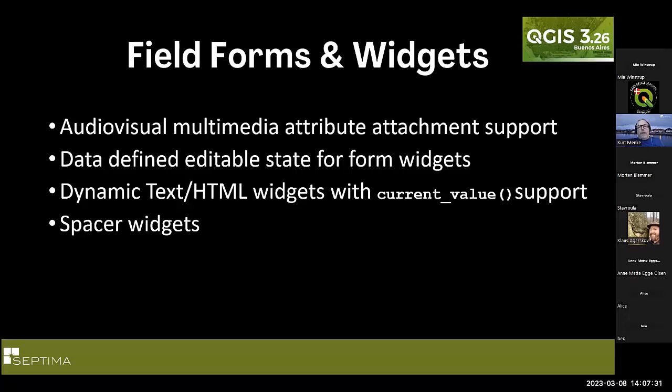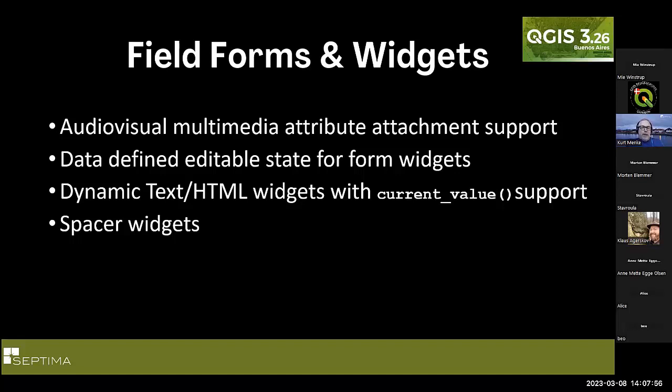There's also a data defined variable now that you can use to control the state of form widgets. So you can set a condition when certain attributes in the form become active based on something that's been entered. And in the text and HTML widgets, you can have dynamic text now.